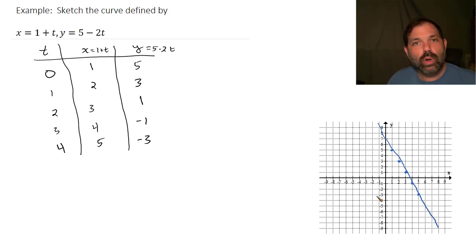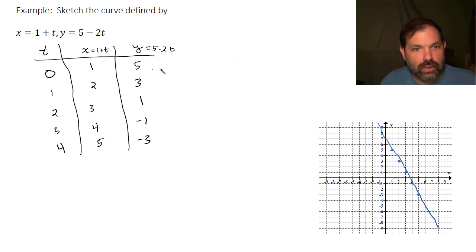But now we have to add one more thing. We have to show the direction of this. So that's one thing that's different about parametric curves than just drawing this line. If we were to just draw this line back in intermediate algebra or something, we would just draw the line. However, this curve has direction, and so we have to indicate the direction by putting an arrow on this somewhere.